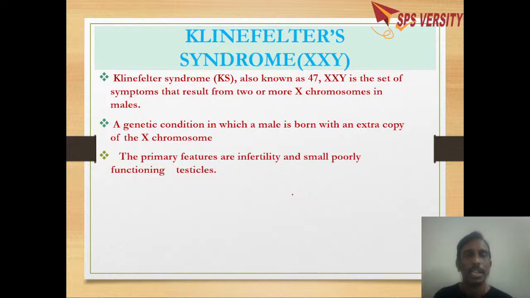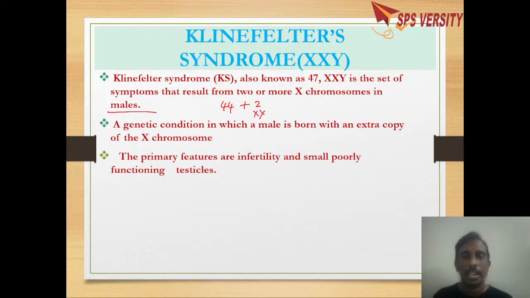And next is Klinefelter's syndrome. In this Klinefelter syndrome, it generally occurs in males. If you take the male's chromosome number, there will be 44 autosomes plus 2 sex chromosomes, total 46, that is XY.